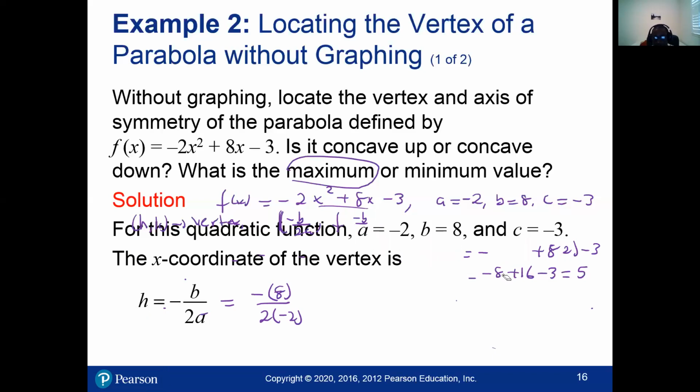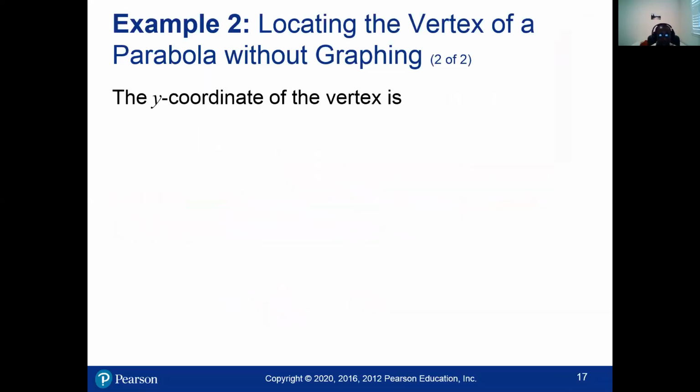All right, so let us put everything in perspective. That is equal to minus 8 over minus 4, and that gives us 2. All right, so that was the x coordinate of the point.